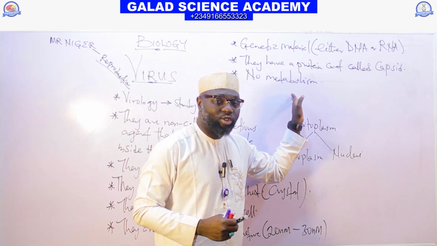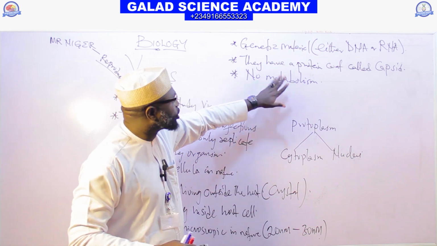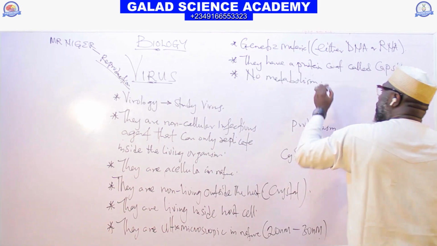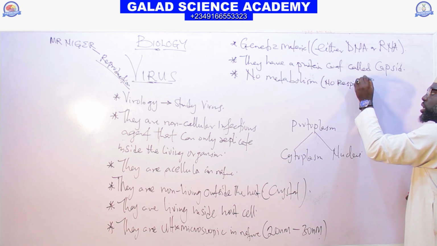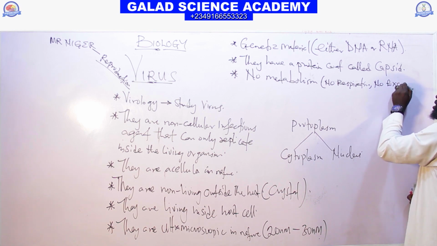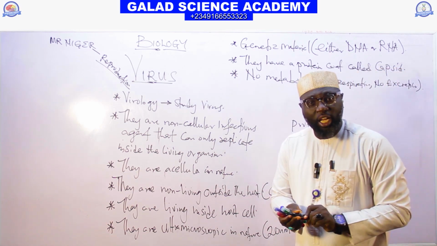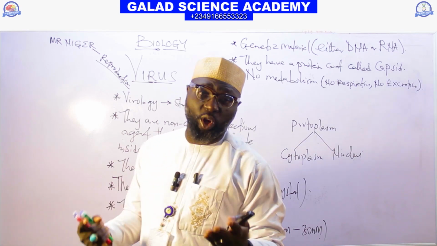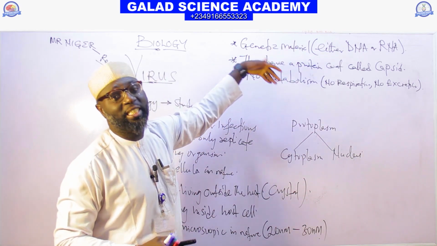So due to the absence of cytoplasm in the virus, the virus does not undergo metabolic activities. What are the metabolic activities? I said it earlier: there is no respiration, no excretion, no growth, and others. The only metabolic activity the virus can undergo is reproduction, due to the presence of genetic material, which is nucleic acid.